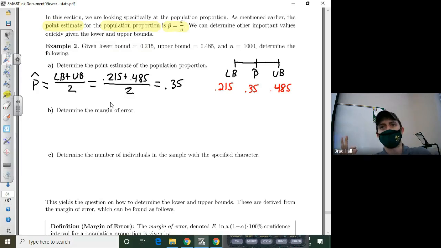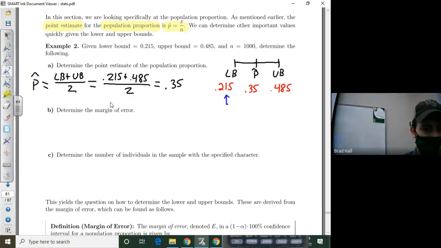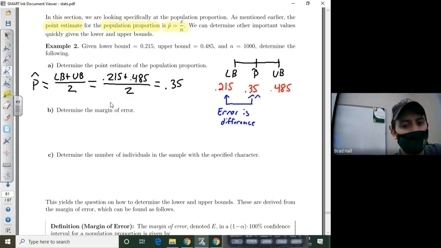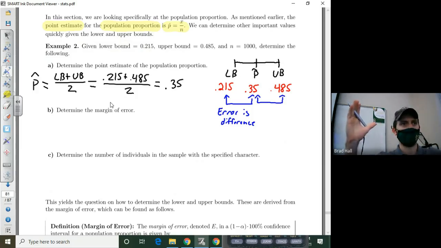In fact, there are two ways you could technically solve for it. The margin of error is literally the difference between the point estimate and the lower bound, or between the point estimate and the upper bound. You should get the exact same number because the error is applied equally in both directions.